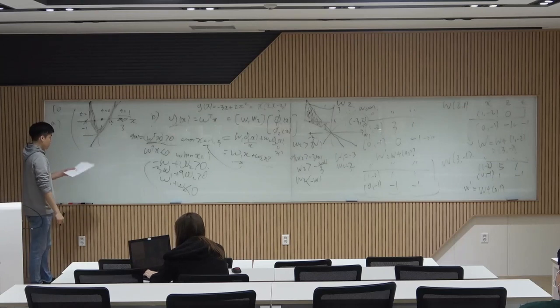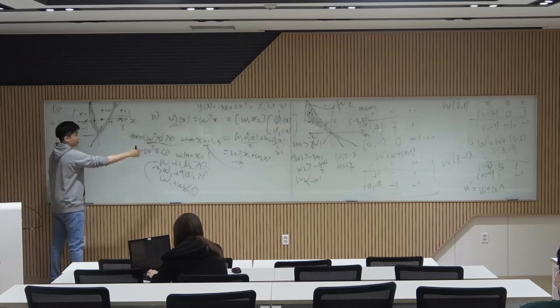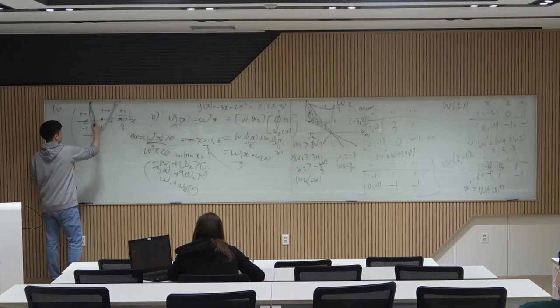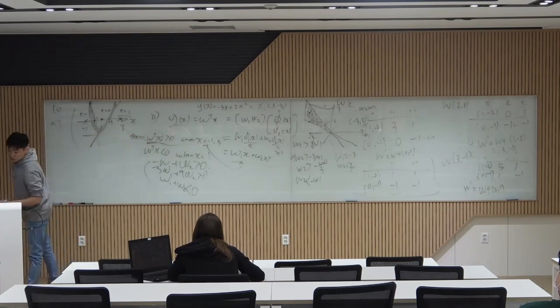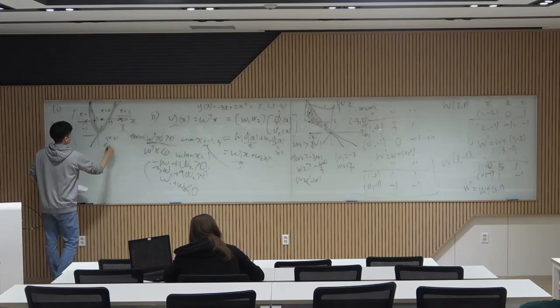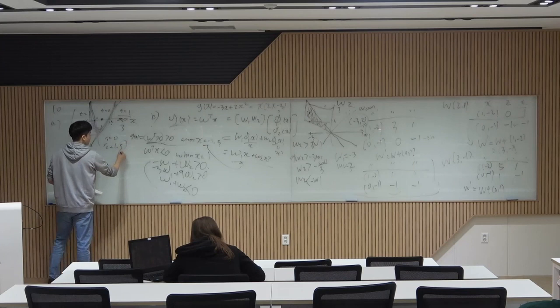So for the answer here, you can just write either the weights, negative 3, 2, but you can also write the points R1 and R2. R1 is equal to 0, and R2 is equal to 1.5 for my instance.